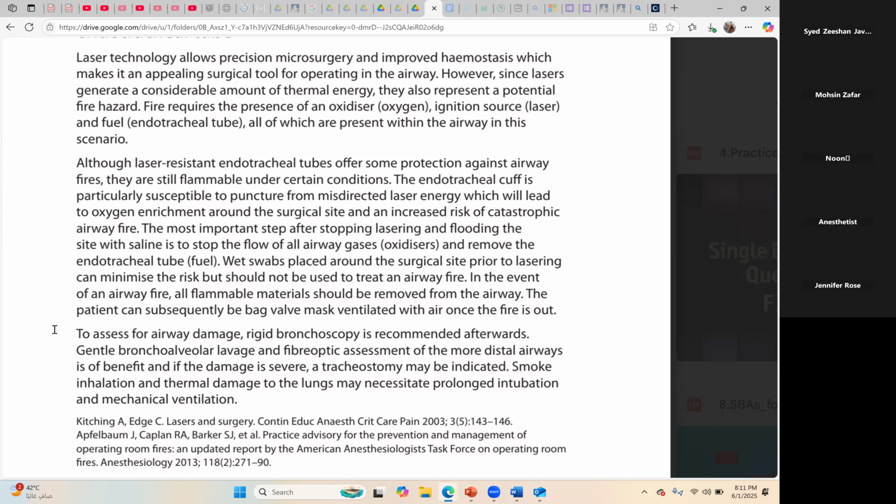Another point is that some people use this technique of apnea, which you were mentioning, Noon. It is not frequently done in all centers, but there are some patients who have tracheal stenosis following prolonged intubation.